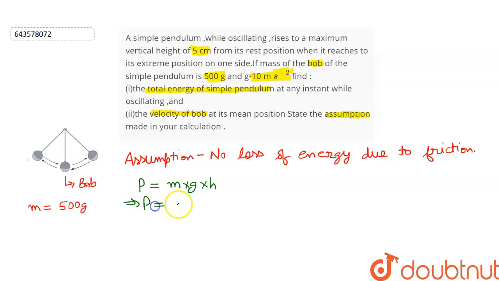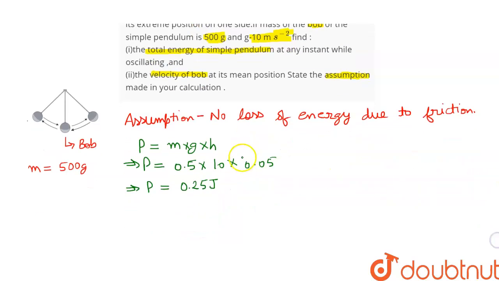So P comes out to be, mass is 500 grams, it can be written as 0.5 kg, g is 10 and height is 5 centimeters, so it can be written as 0.05 meter. So P is equal to 0.25 joules.